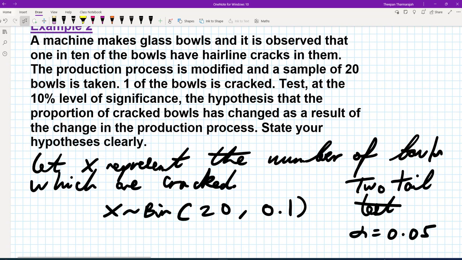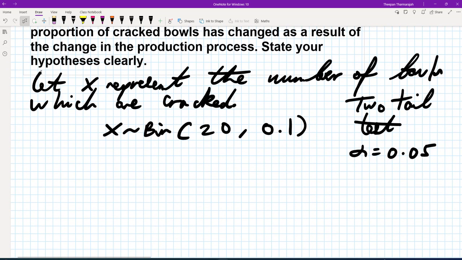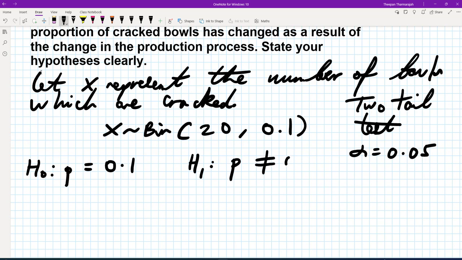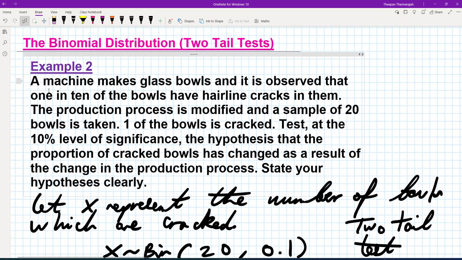Now we need to set up our hypotheses. H0: the probability remains the same, there's no change. And our alternative hypothesis is that p is not equal to 0.1, meaning that we don't know whether there's a decrease in the probability or an increase in the probability, hence a change. Now we go back to the question and ask, what is the observed value?